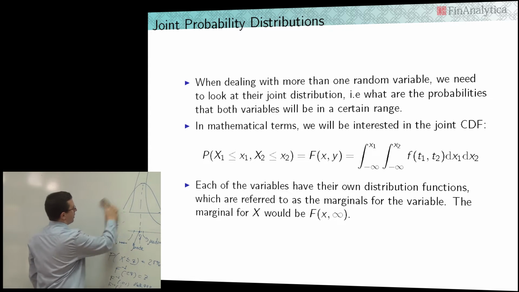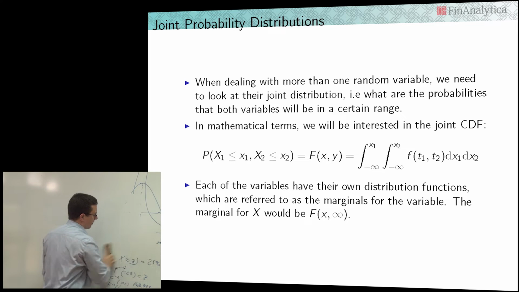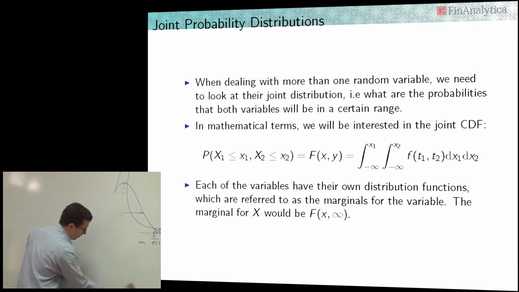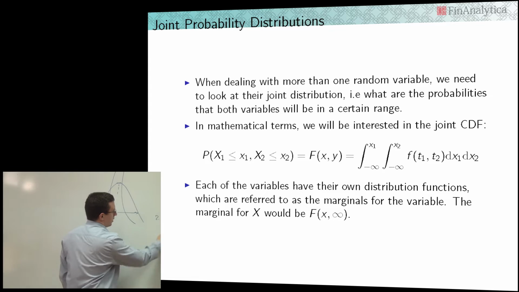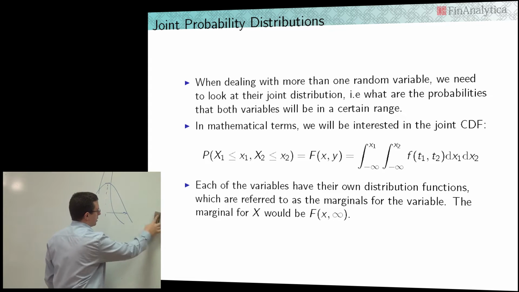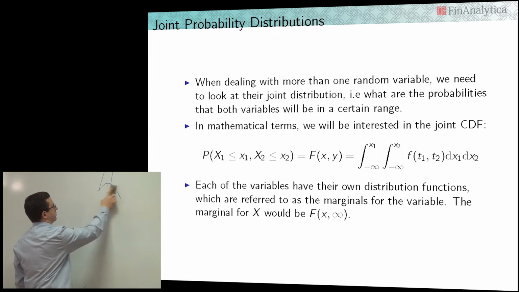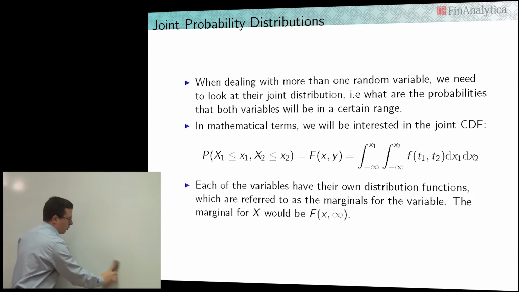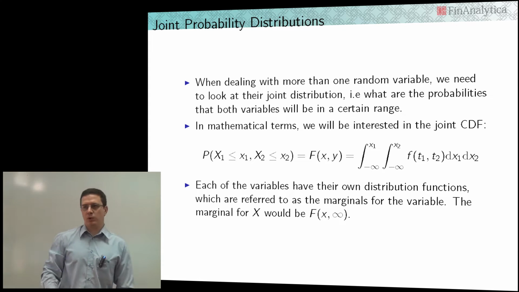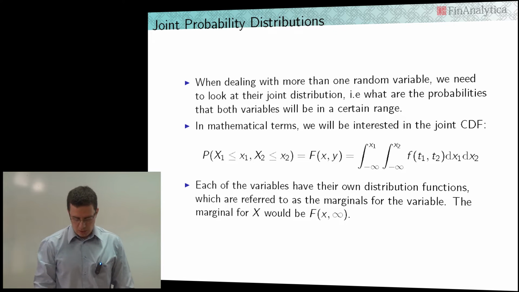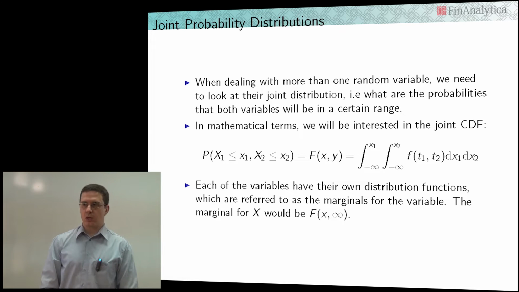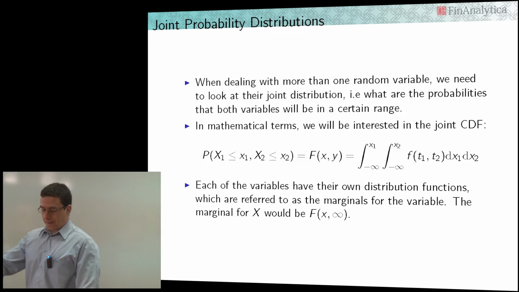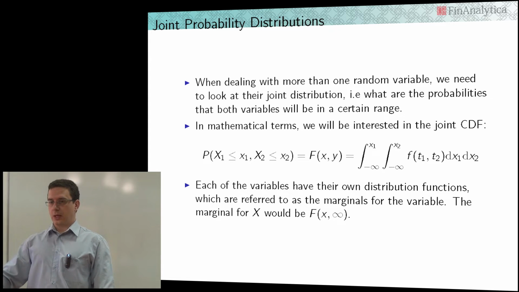So far, we discussed univariate models, and the problem with univariate models, not so much of a problem, but rather it's not really applicable, because in a portfolio you will have multiple variables, and what you will be interested in is how the variables are connected to one another.